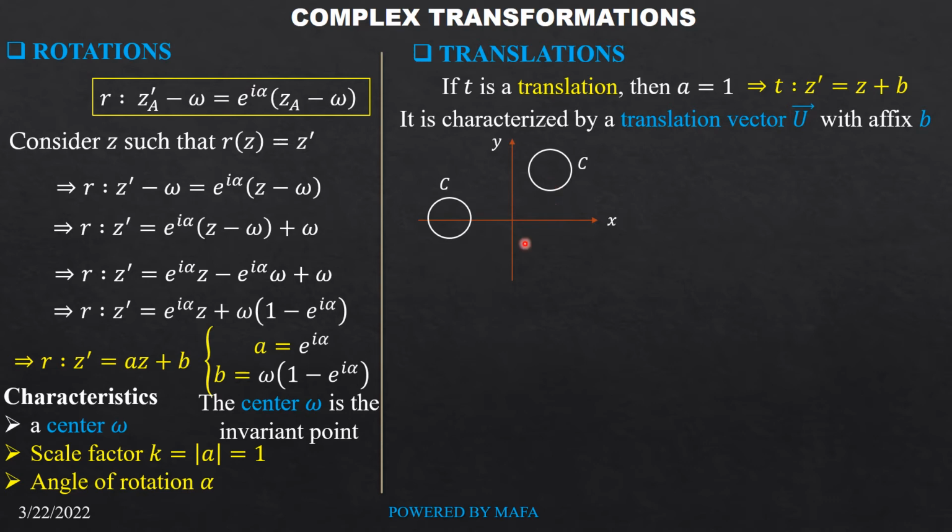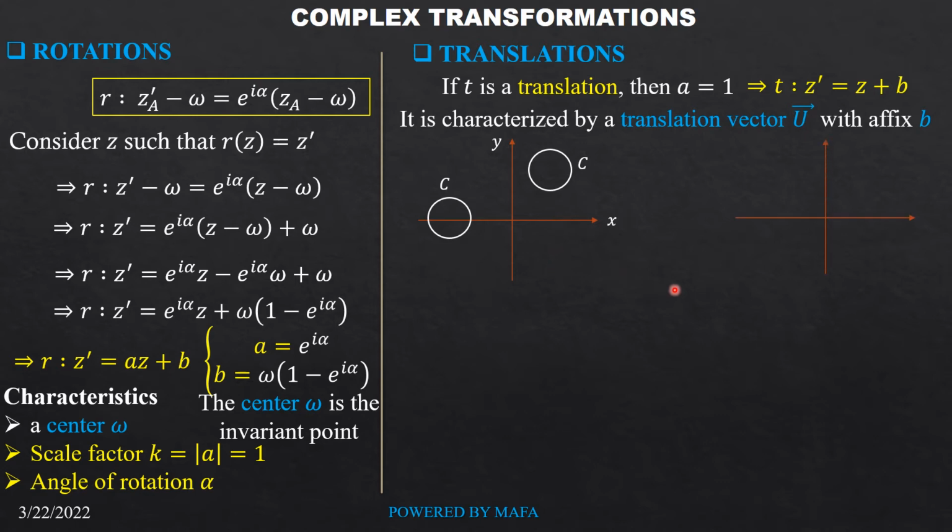So the x coordinate of my affix is simply the horizontal distance that it has moved. In this case, it is in the positive direction, so it is going to be positive. Now the y coordinate of the affix is going to be the vertical distance it has moved. Since it is moving in the positive y direction, it's going to be positive. If it was moving downwards, then it's going to be negative.